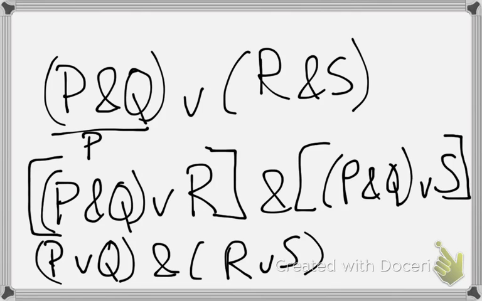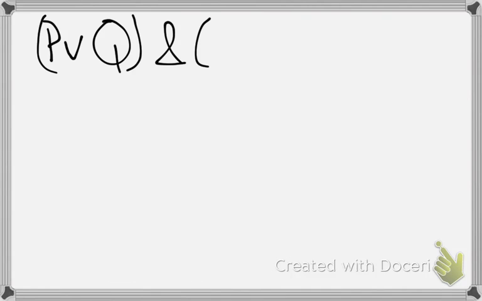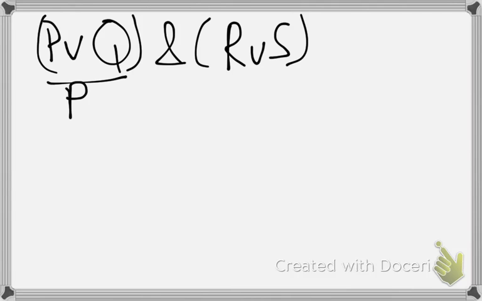let me just do that on another page. It's easier to do than to sort of talk about it in the abstract. So if we had the formula P or Q and R or S, well then this is your P now. That whole formula.